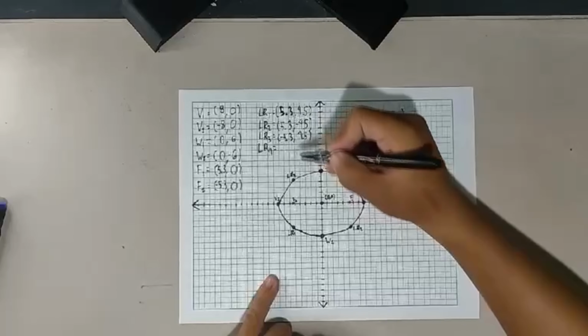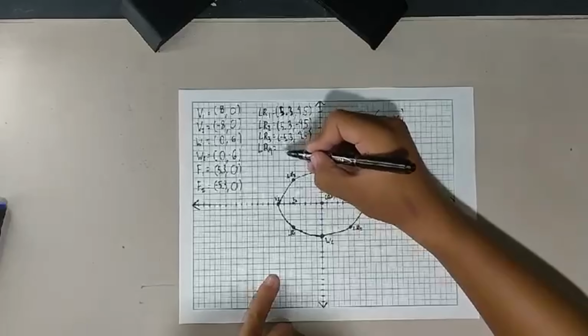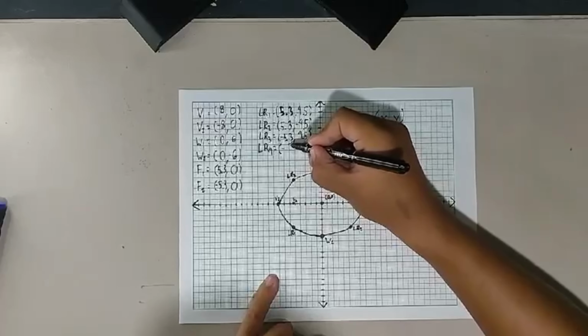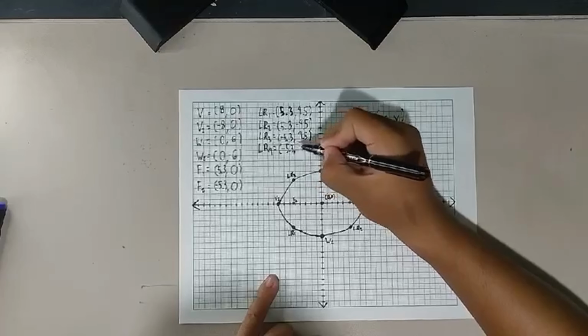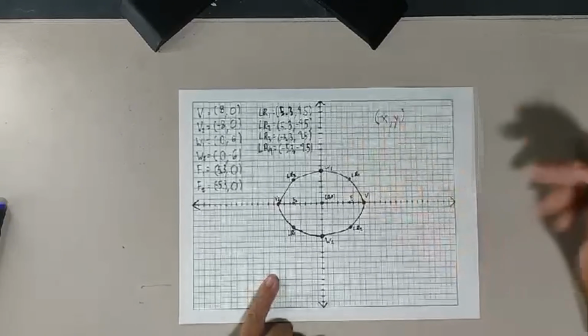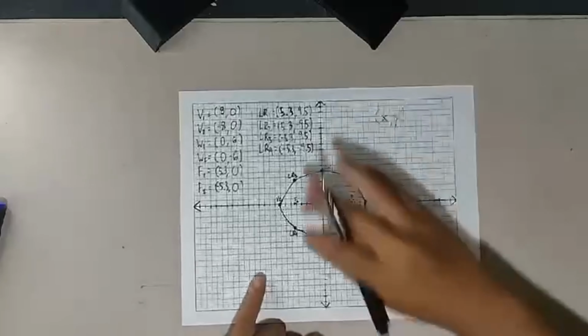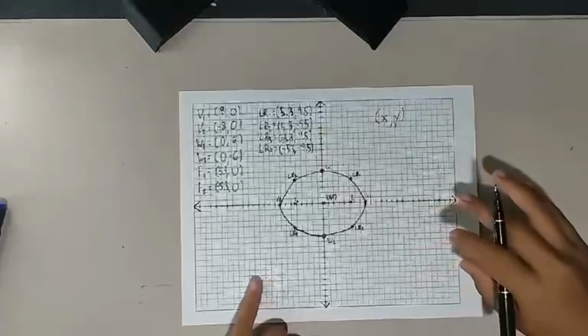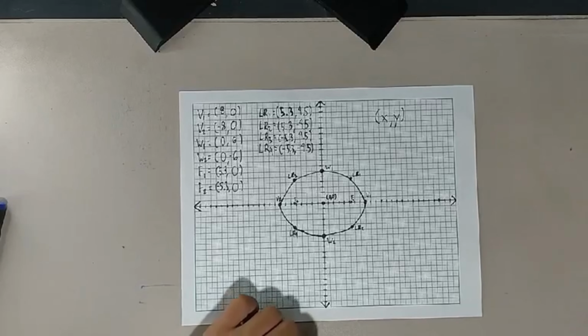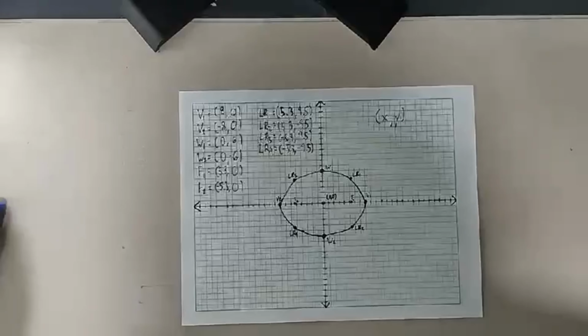Now LR4 is both negative because it's going to the left and going down: negative 5.3 and negative 4.5. And with that, we're finally done solving for our ellipse. Thank you.